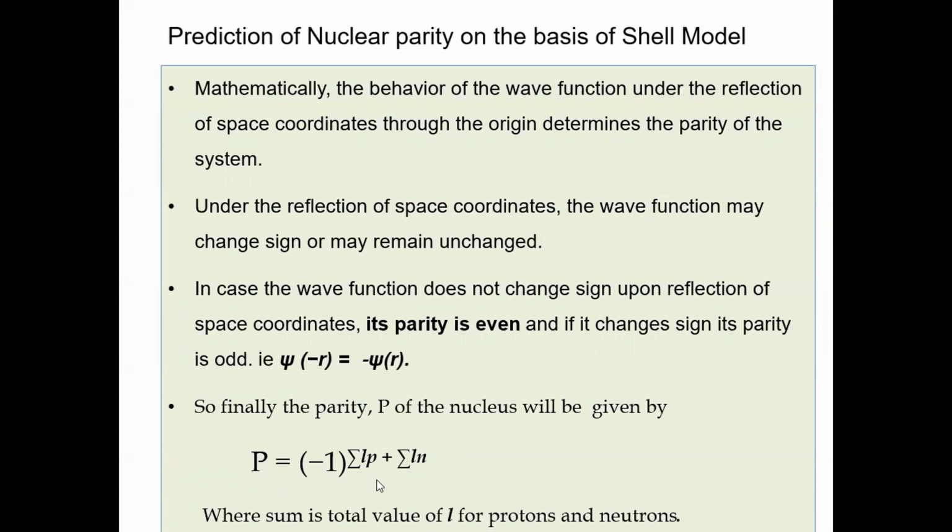So it can be even or it can be odd. And on the basis of this, under the reflection, a nucleus will show its signature, that the left hand becomes the right hand, or the right hand becomes the left hand, or it remains the same. And that is the parity.